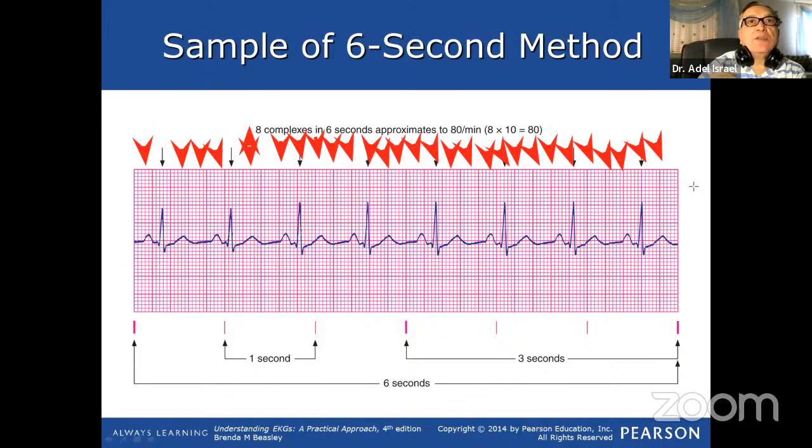So let us count together the number of QRS. I need to refresh your knowledge at the same time. Okay, who will participate with me?